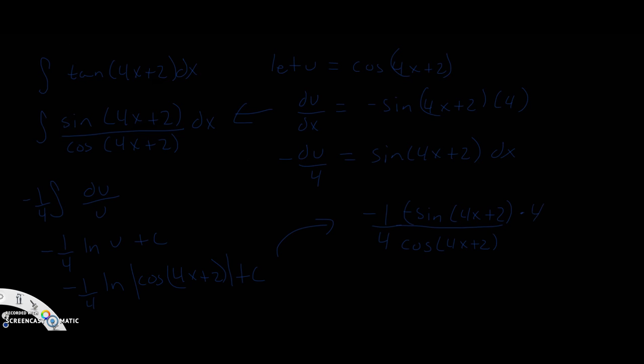So when you simplify this, you're going to get negative 1 times 4 is negative 4. Negative 4 divided by 4, well, there's a negative and negative here, so it's going to be positive. So it's going to be sine 4x plus 2 over cosine 4x plus 2, which is just going to give you tangent, which is what we originally started with.